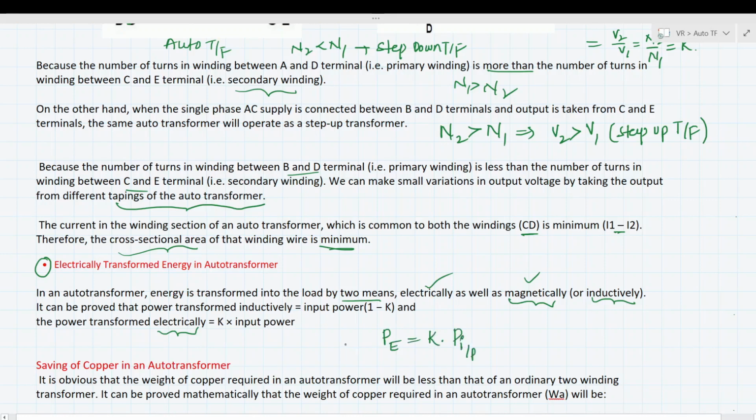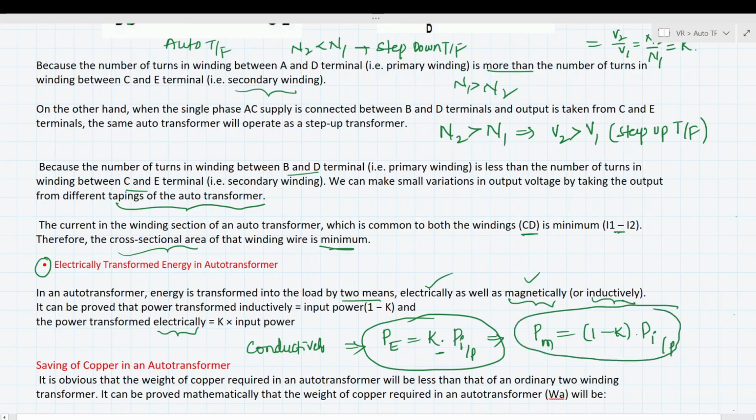This is the power transformed conductively or electrically. K is the transformation ratio, so power transformed inductively or magnetically is equal to 1 minus K times input power. This is power transformed magnetically or inductively.